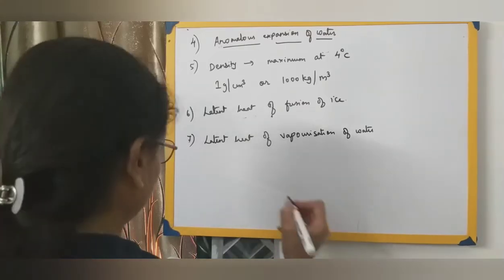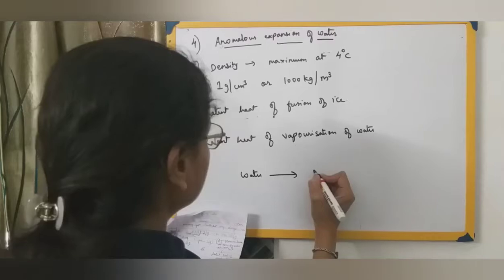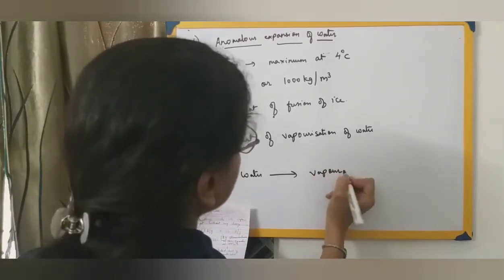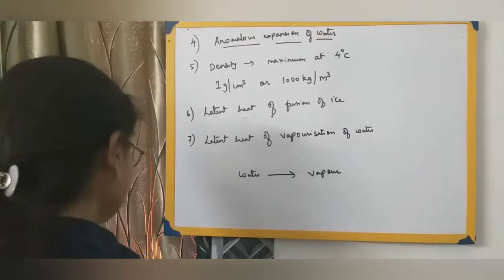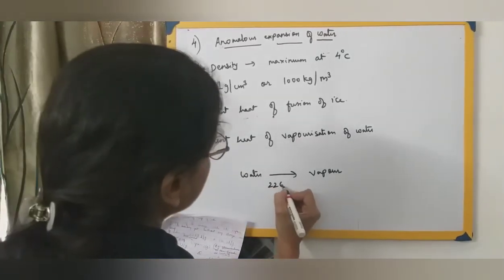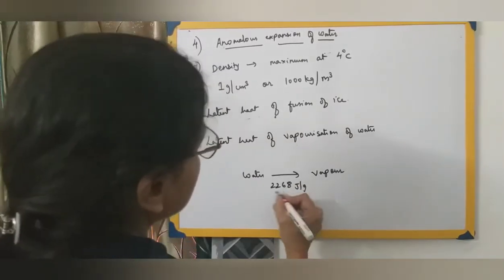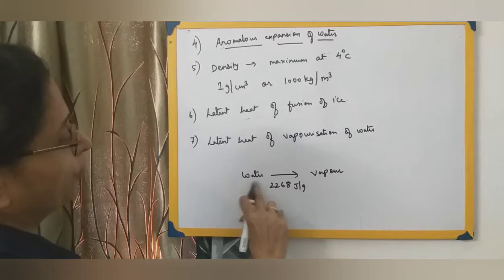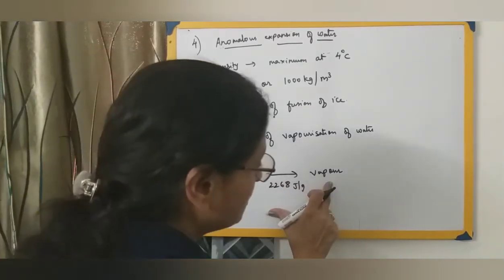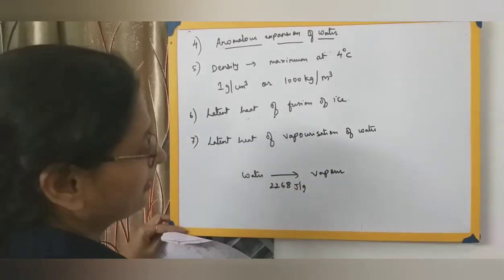Suppose you have water and you are changing it into vapor or steam, so some amount of heat is required. That amount is 2268 joules per gram. Now when this change takes place, the liquid state is changing into the gaseous state.